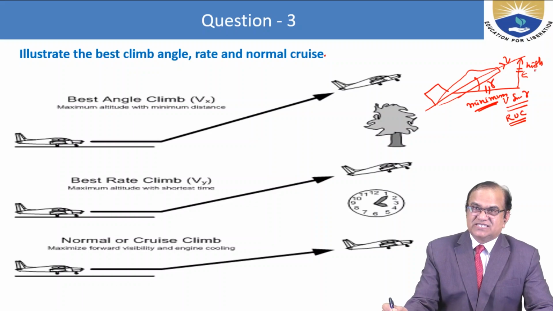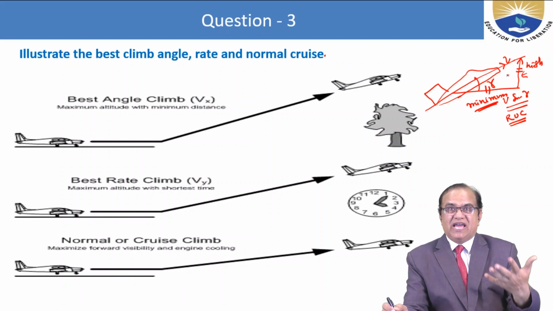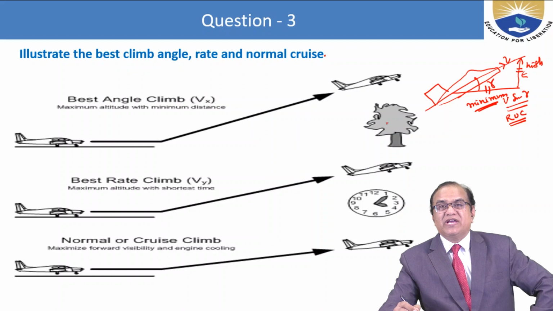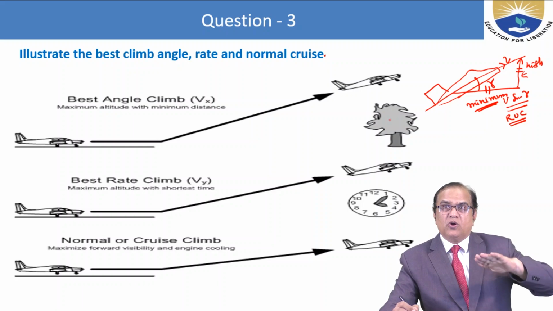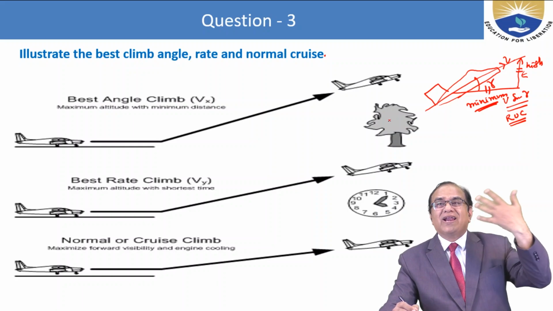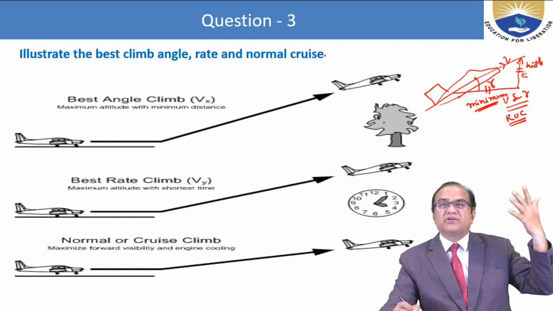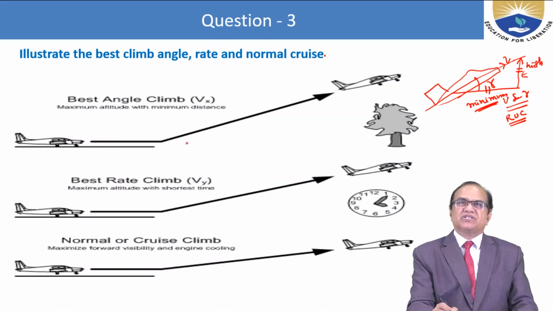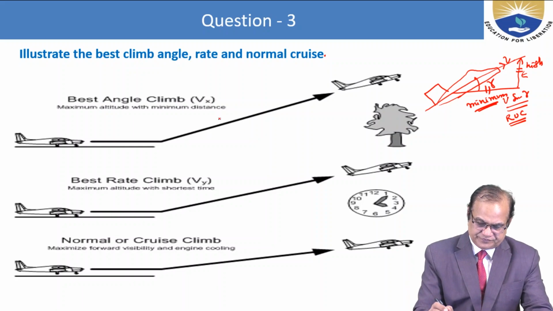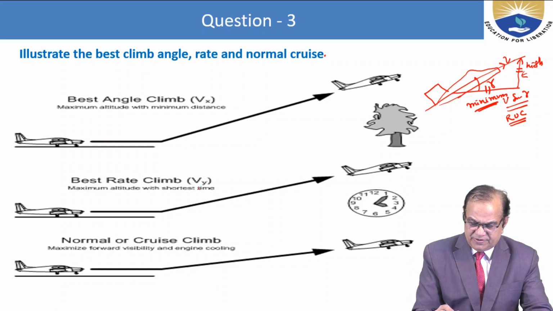If you are flying in this type of situation where altitude is high, this is used when you want to override some high altitude zone or some trees or some hill or some tall building. That time best climb angle is used. Best rate climb is the maximum altitude with the shortest time.